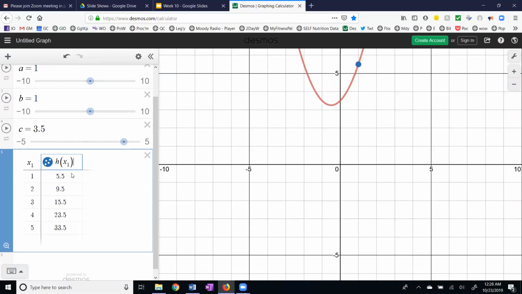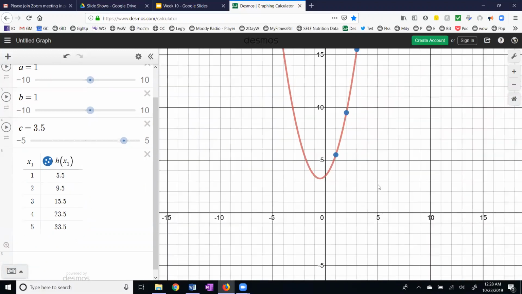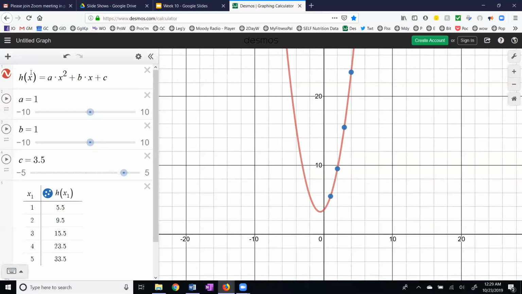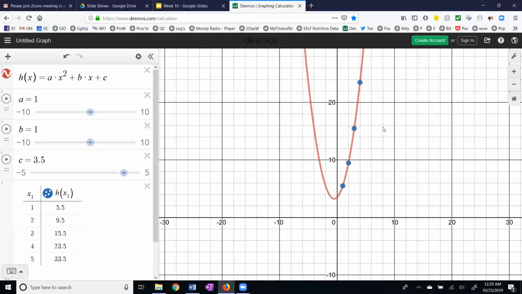And so now we have these points graphed here, and they are blue. My original curve is red, and my blue points are shown here. And if I change c to maybe positive 2, for example, I get these ordered pairs, 1, 4, 2, 8, and so on.